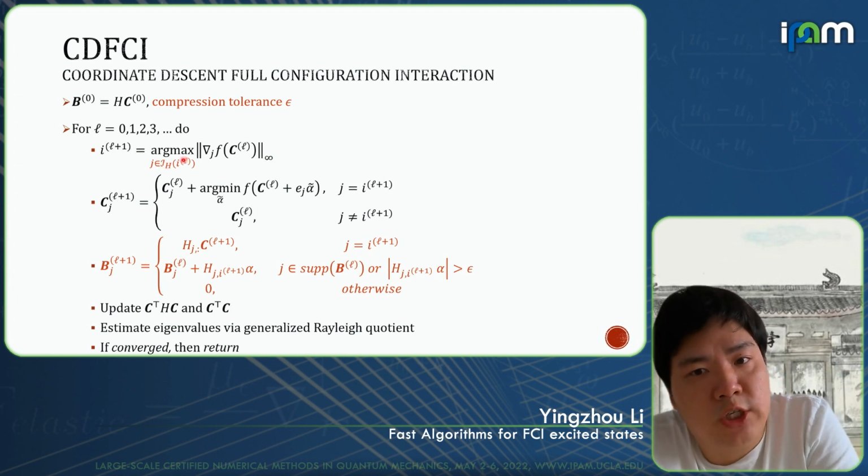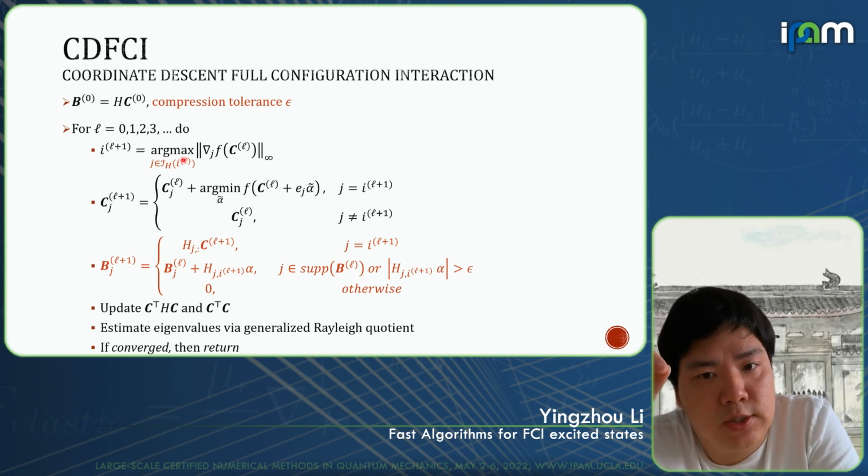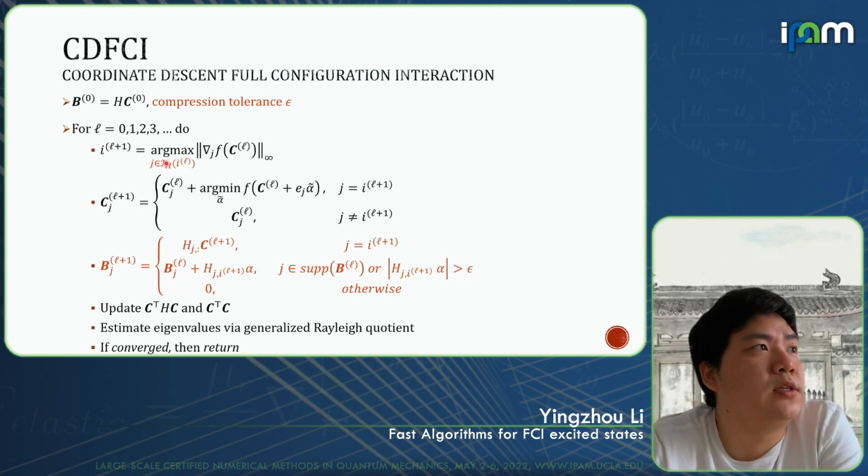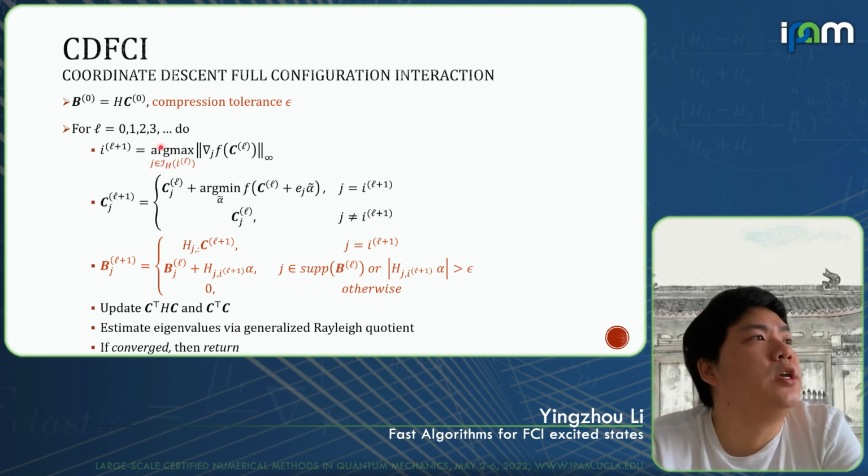Essentially, we treat H as a sparse graph, and we are just moving along the edges. We start from one node, then in the next iteration, we look through the connected nodes. So we are actually doing a random walk. I mean, not random. We are just walking on the graph underlying H. So this is how we select the gradient coordinate.